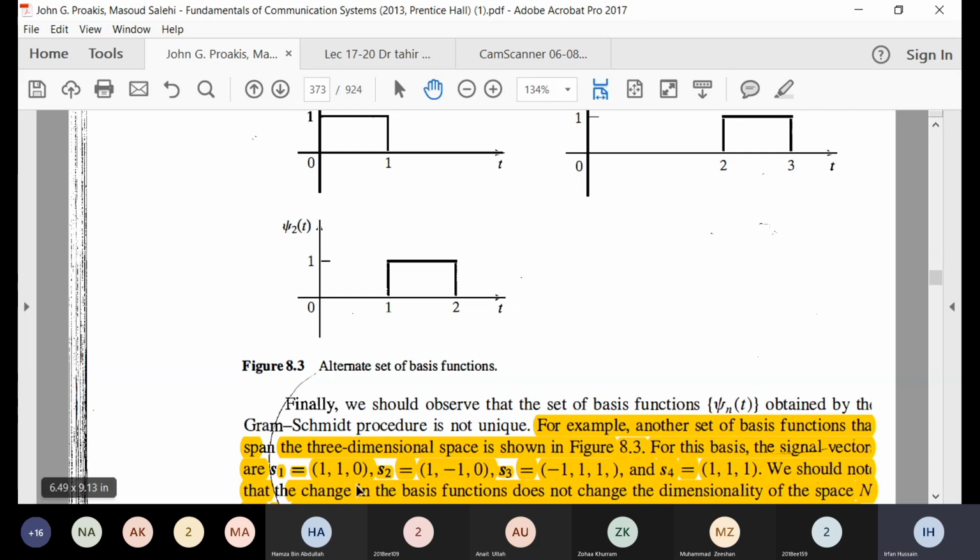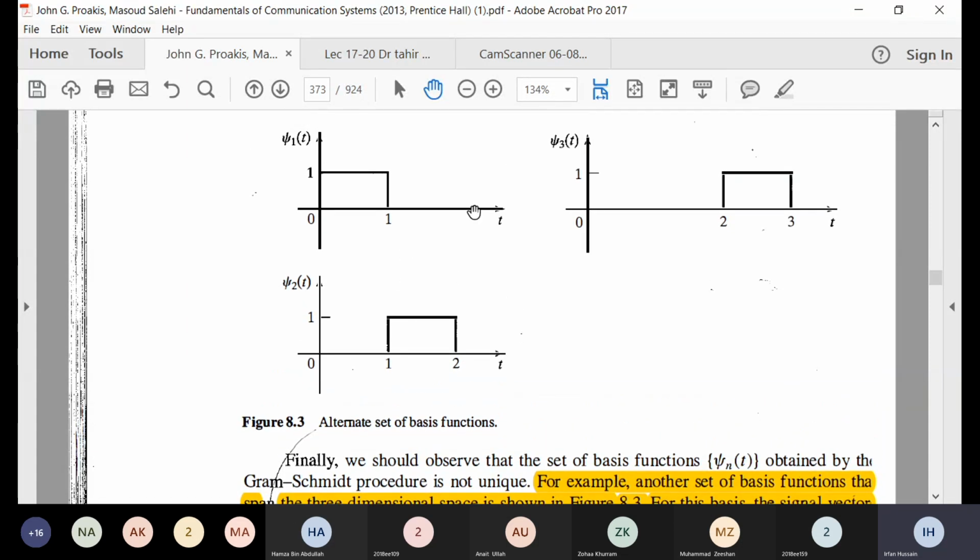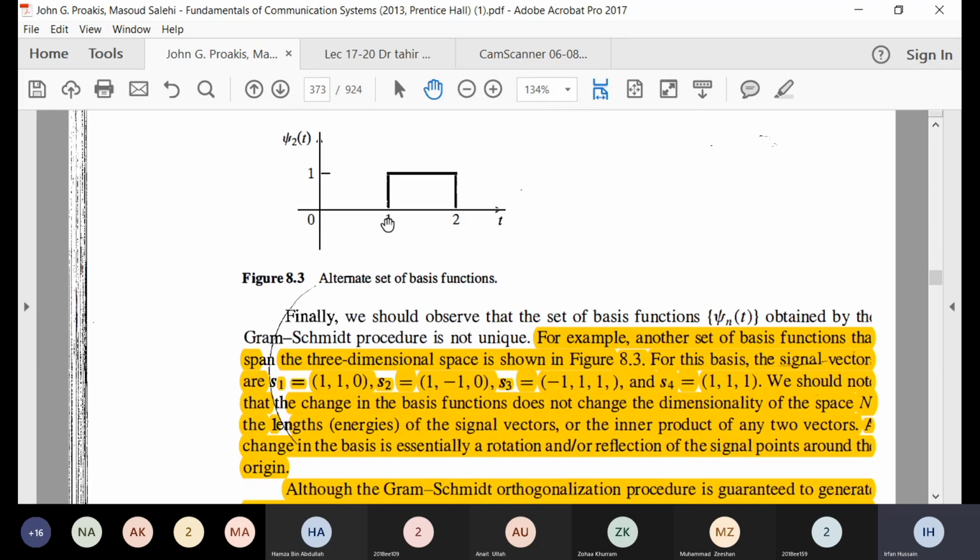So you will get these projections. Let us calculate for S1. You know, S1 was a straight signal from 0 to 2, and the projection of this onto psi 1 will be just 1. The projection will just give you 1.